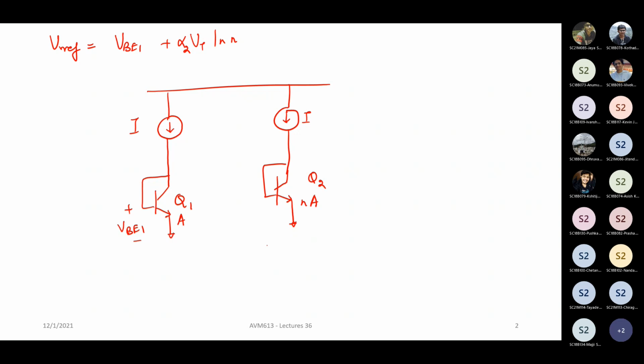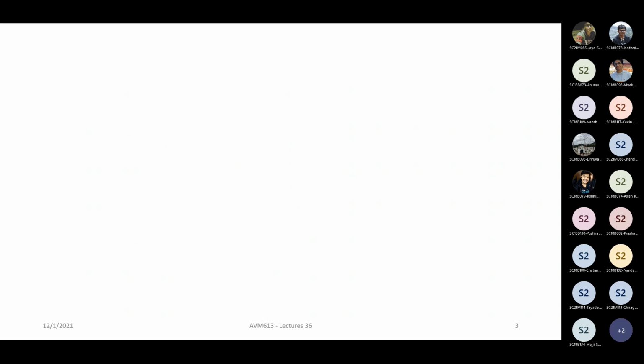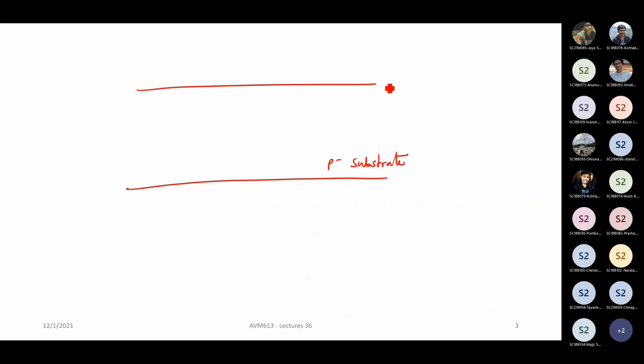Okay, now how is the BJT basically implemented? It is easier to implement a PNP transistor in a CMOS technology. The way it is done is that you have a P minus substrate, and then you have an N well. Then here you have a P plus diffusion, which becomes your emitter. So this is your emitter, and this is your N well.